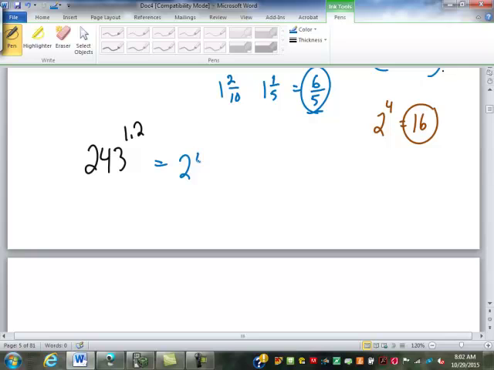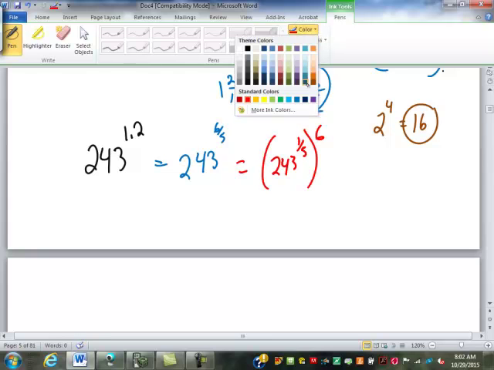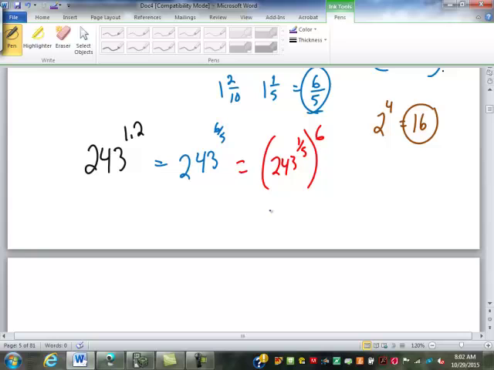So this is 243 to the power of 6/5. Can I do a 5th root of 243? 243 to the 1/5 is a 5th root. Fifth root of 243 is 3.